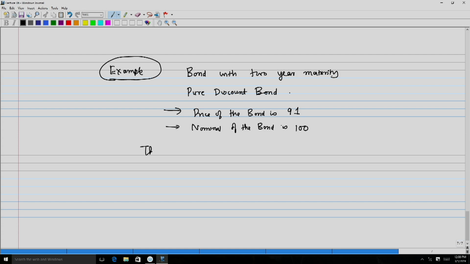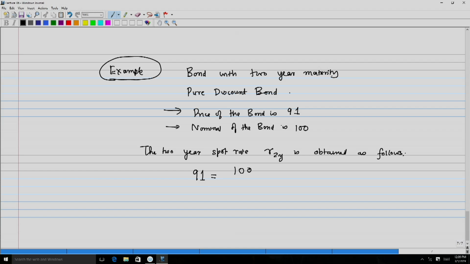Then the 2-year spot rate, which we will denote as R subscript 2y, is obtained as follows. I take the amount 91, which is the price of the bond.